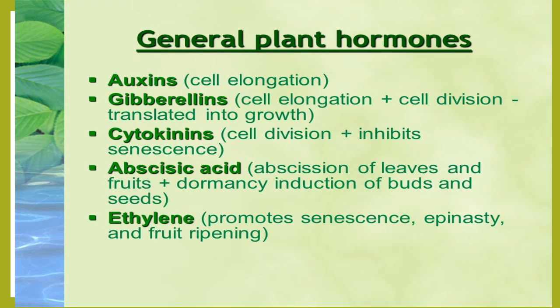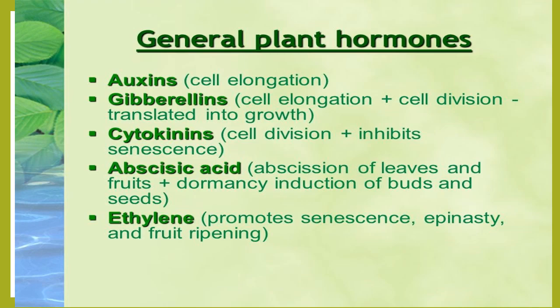Abscisic acid, abscission of leaves and fruits, dormancy, induction of buds into seeds. Whenever the environment is not suitable, abscisic acid will work. Ethylene promotes senescence, epinasty, a kind of movement, and fruit ripening. So these are the main key points. Always remember, okay? Never forget these 5 hormone names, spelling, with the functions.